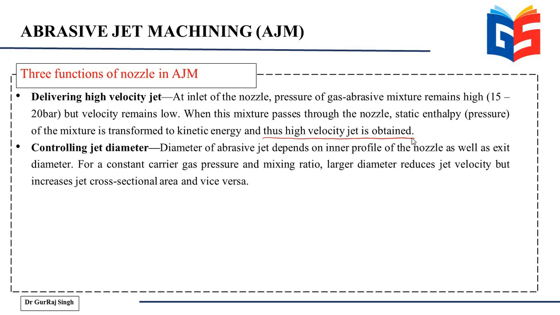Secondly, it controls the jet diameter. The jet diameter is again a very important aspect here, because it will decide the type of machining that you're going to perform. It is going to finalize the material removal rates. Whenever we talk about abrasive jet machining, you will always quantify all these parameters in terms of the material removal rate.